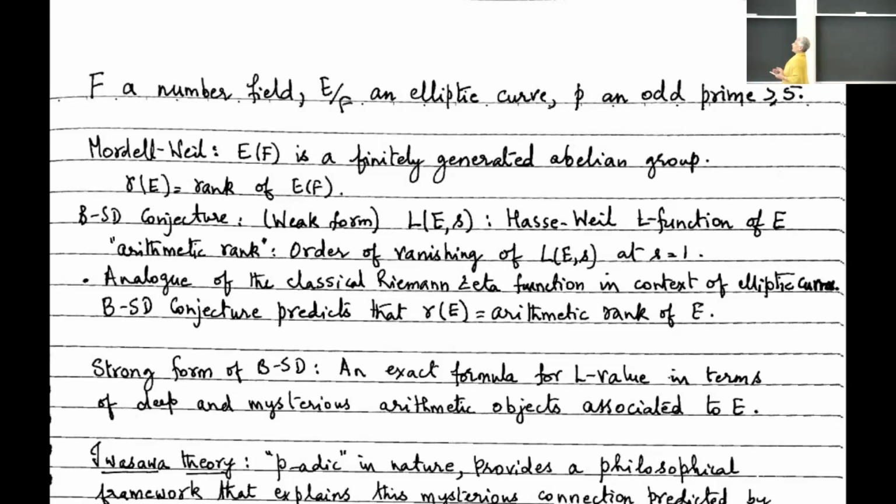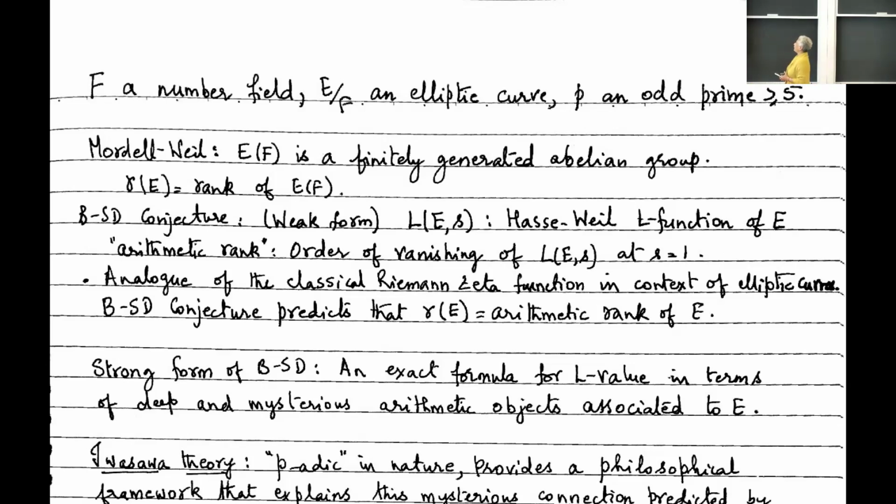So the Birch-Swinnerton-Dyer conjecture, we all know the weak form. First, we have the Mordell-Weil theorem, which says that the rational points of the elliptic curve over a number field is a finitely generated abelian group. So therefore, one can speak of its rank, given the structure theorem for finitely generated abelian groups. We have the rank of the elliptic curve, which I'm going to denote by r(E).